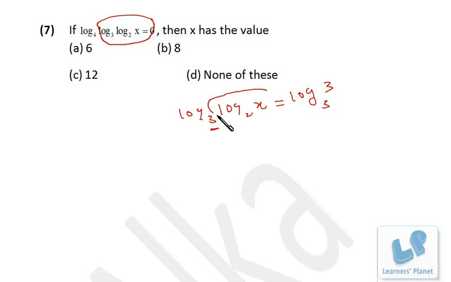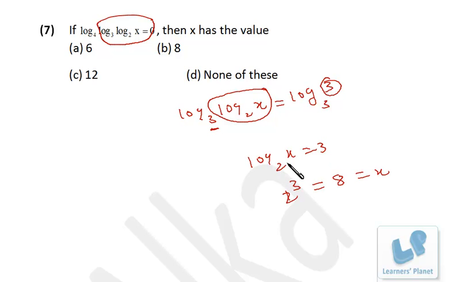So now this quantity will be this, because if we take anti-log, log x to the base 2 will be 3, that means 2 cube is equal to x, so that's 8. So this answer is 8, right?